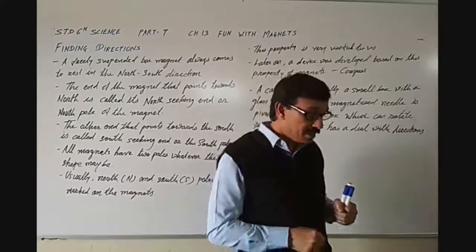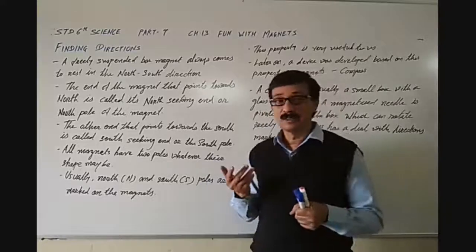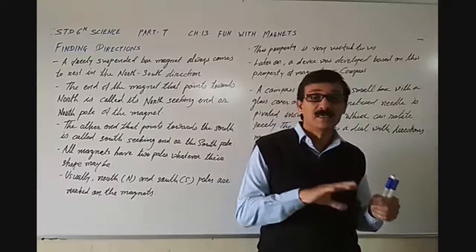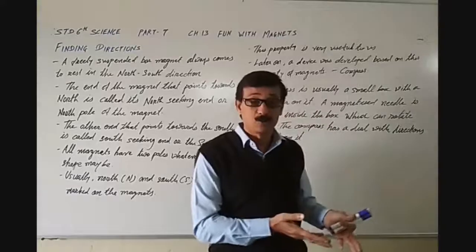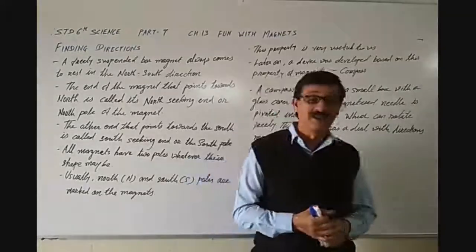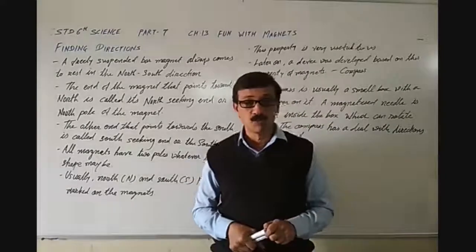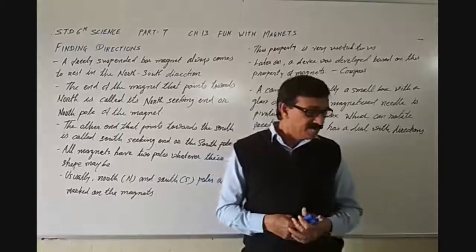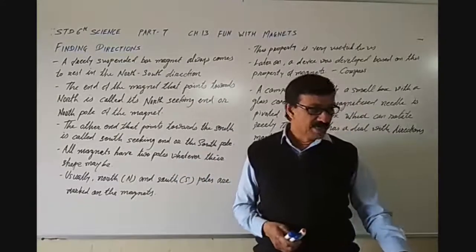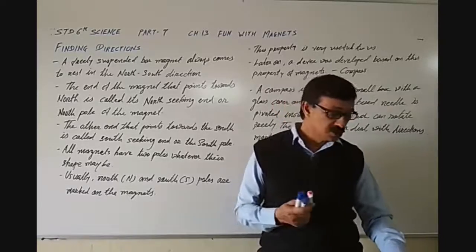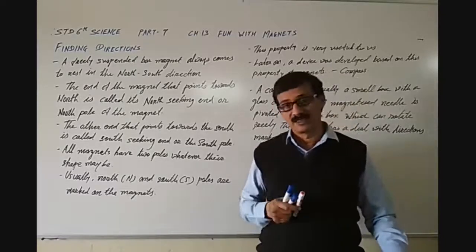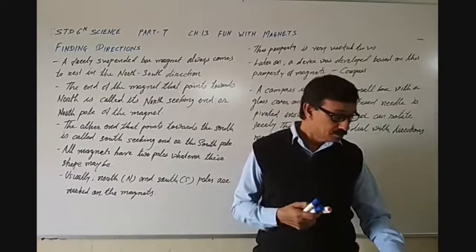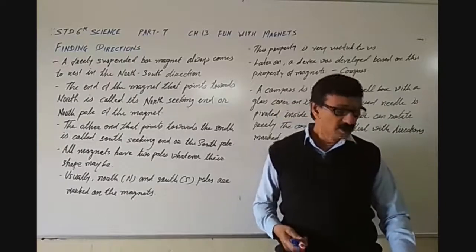So let's go further. Let's understand this through our textbook. Open page number 130 in your textbook and let's start the discussion. We find that a freely suspended bar magnet always comes to rest in a particular direction, which is the north-south direction.